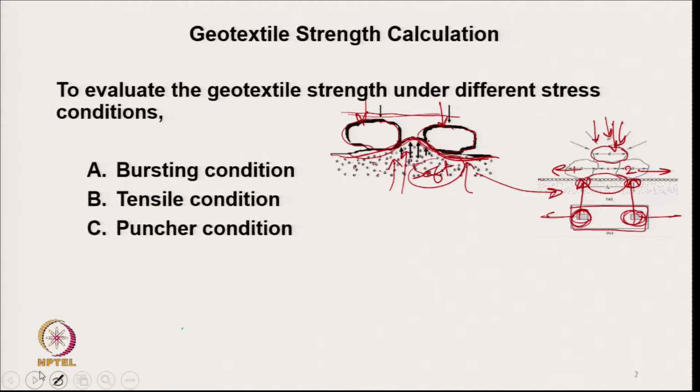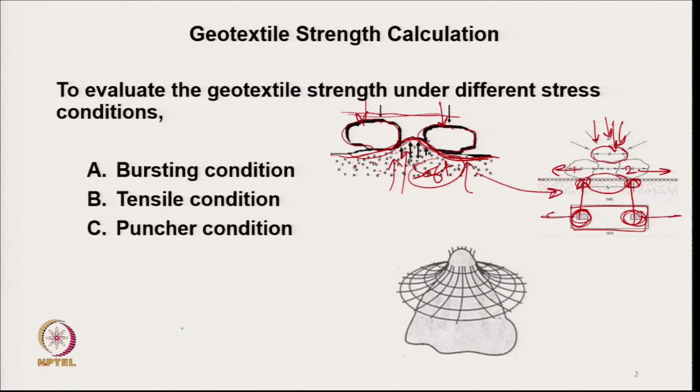Next is the puncture condition. So, it may so happen that this is geotextile, and below the geotextile there is a rock or some sharp material, and as the load is being applied, a puncture type situation will be generated, and this will damage the geotextile.